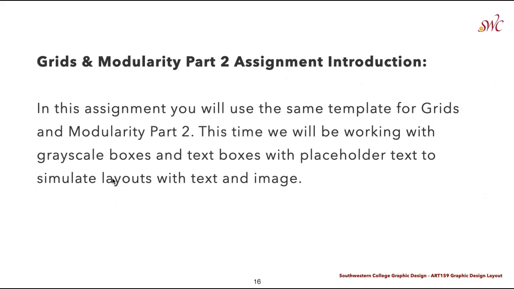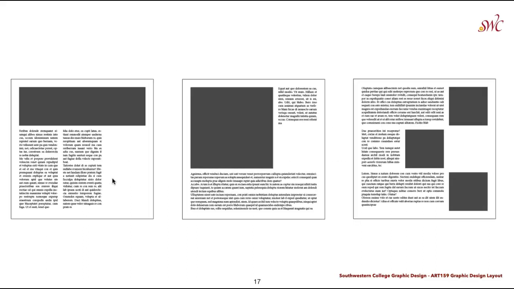So for the Grids and Modularity Part 2 assignment, you will use a different template actually that is available for you in the module, and it will be the Grids and Modularity Part 2 template. And you will be working with grayscale boxes and text boxes with placeholder text to simulate these layouts both with text and image.